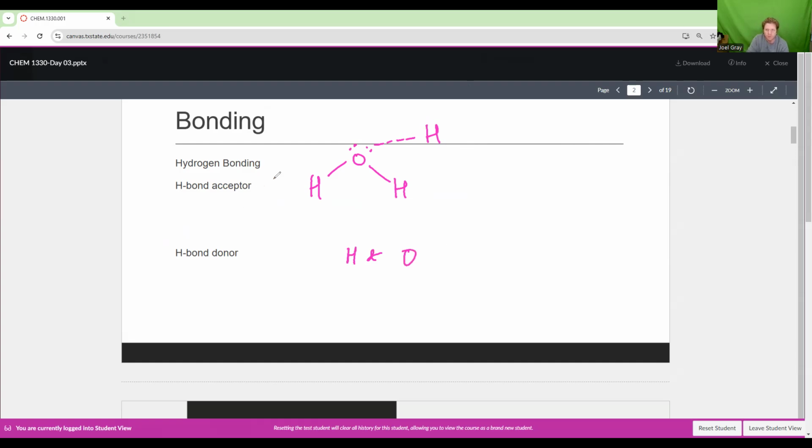Now, in this case, what we have is a hydrogen bond acceptor and a hydrogen bond donor. Our acceptor is going to be this oxygen atom. Our hydrogen bond donor is this hydrogen.